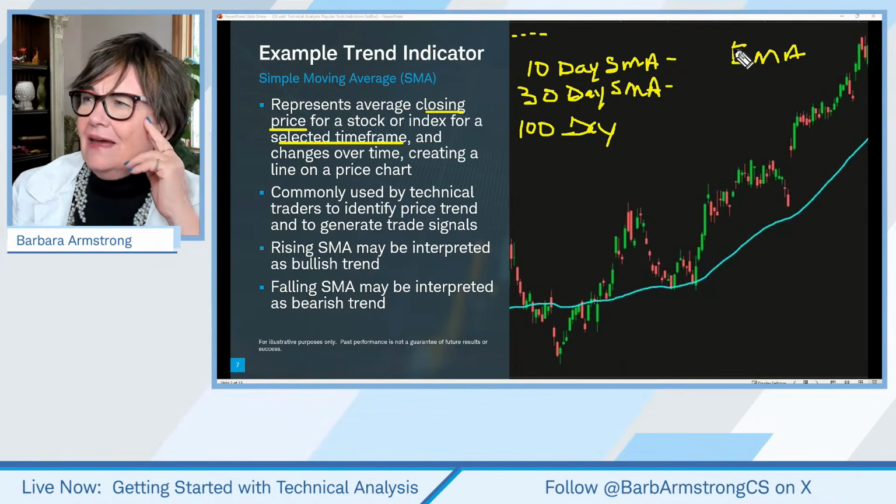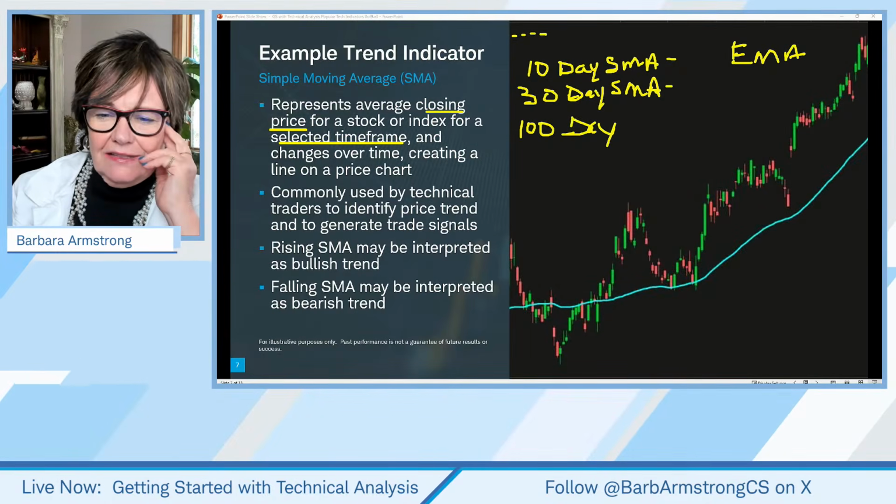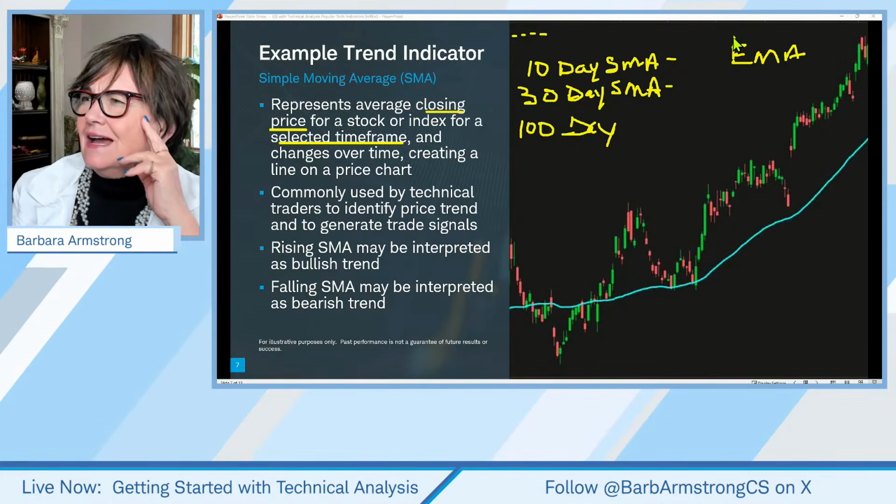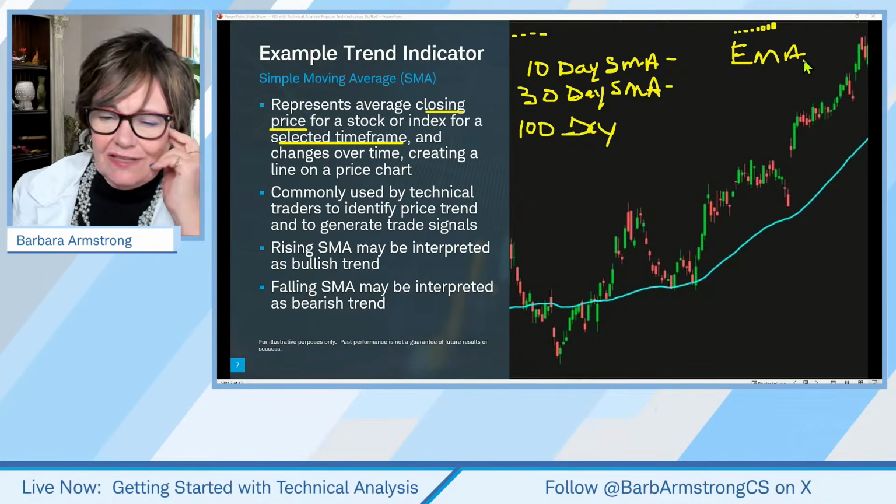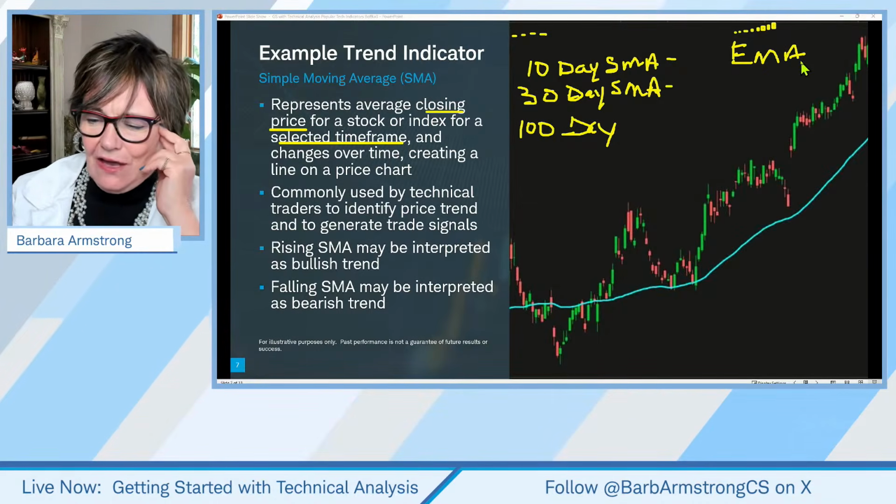Okay. And then with the exponential moving average, they're going to kind of give more weight. If it's a 10-day, they're going to say, okay, I'm going to give this one, this one, this one, and then I'm going to give this one a little more weight. So it's kind of skewed to the end. And so it moves a little faster. And we'll go out and look at that on the chart.